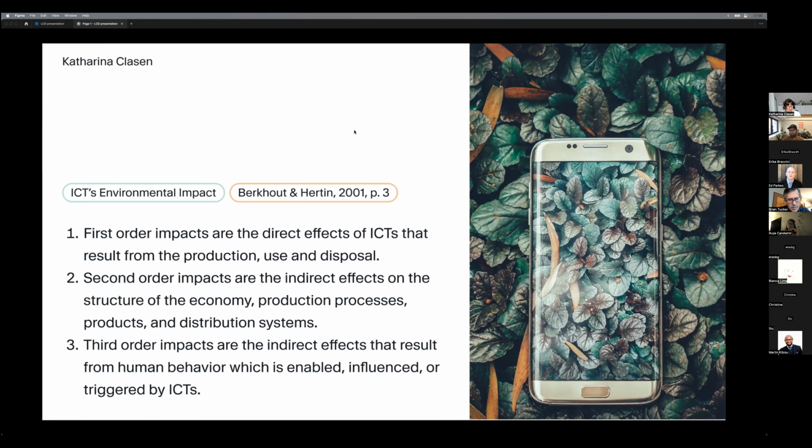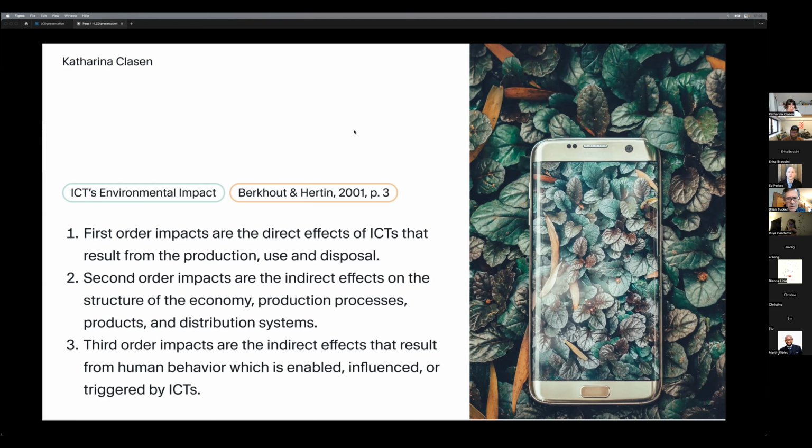And third order impacts are also indirect effects that result from, and that's how I explain it, so maybe look it up if you want to make sure you get it correctly, human behavior which is enabled, influenced, or triggered by ICTs.